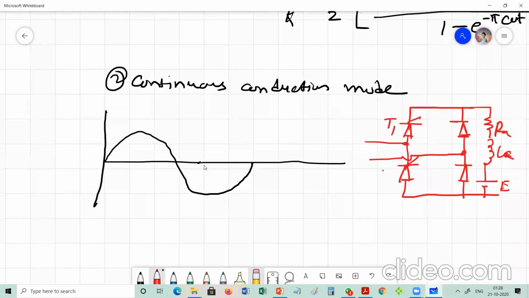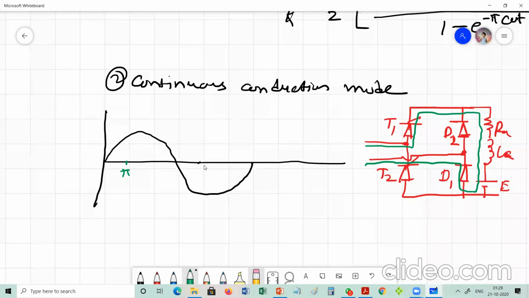This is T1, T2, D1, sorry, D2, T1, like this. During the positive half cycle, when firing is given, suppose here the firing pulse is provided, then the current will start flowing from the source to thyristor T1, then to the load RA, LA, E, then from D1 back to the source.